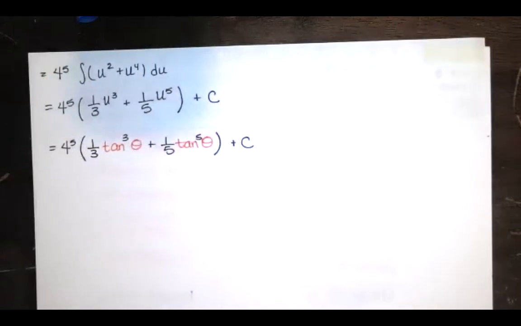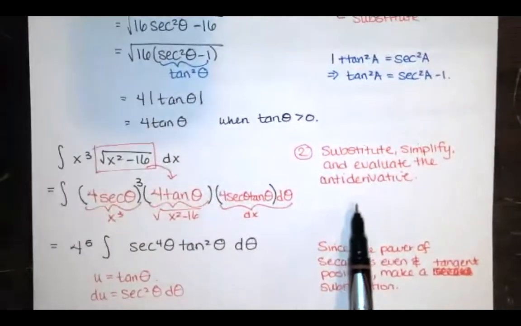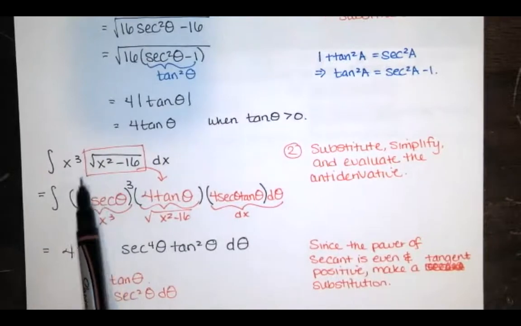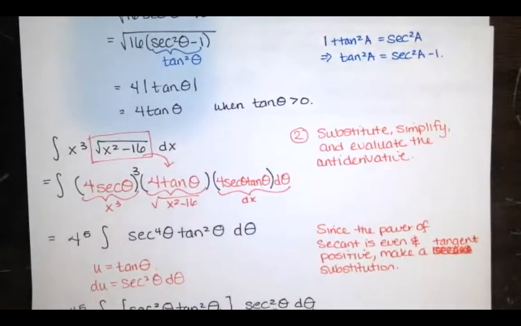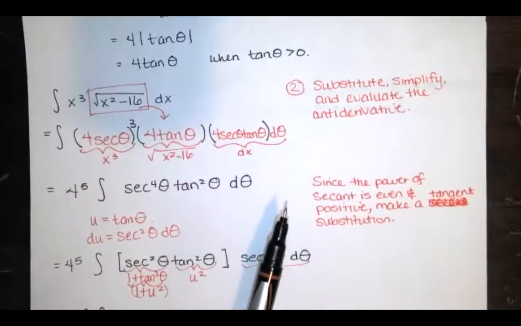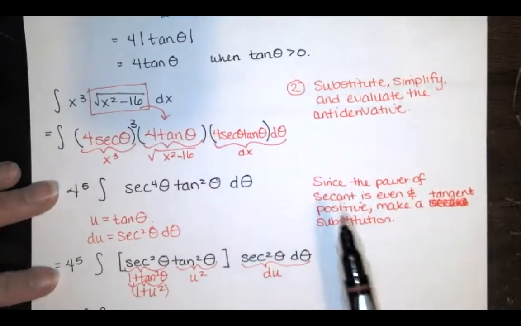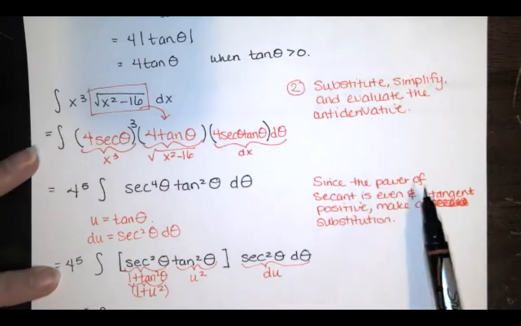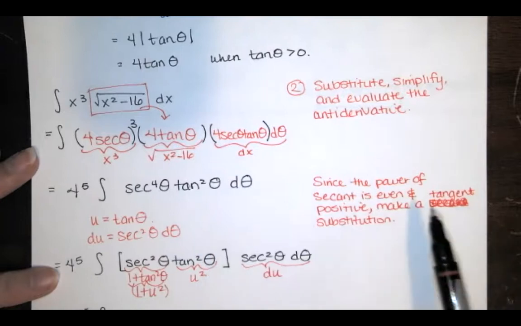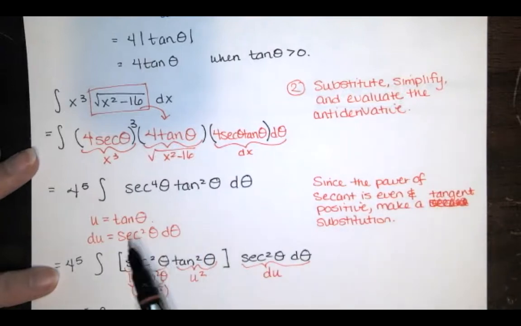Okay, so just as a recap before we go on, we're substituting, simplifying, and evaluating the antiderivative. After substitution, we end up here. It's a trigonometric integral. So if we don't look at this and immediately know what the u substitution should be, then we go to our trigonometric integral guidelines, and our guidelines remind us that if the power of secant is even and positive, one way to approach this is to let u equal tangent of theta.